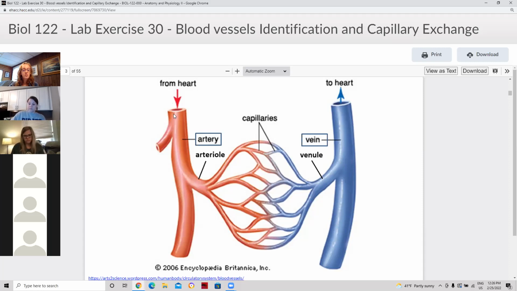So with arteries, blood is leaving away from the heart, branching off into arterioles. Remember, we had those meta-arterioles too, but we're not going to worry so much about them today. Capillaries then become venules that then become veins.